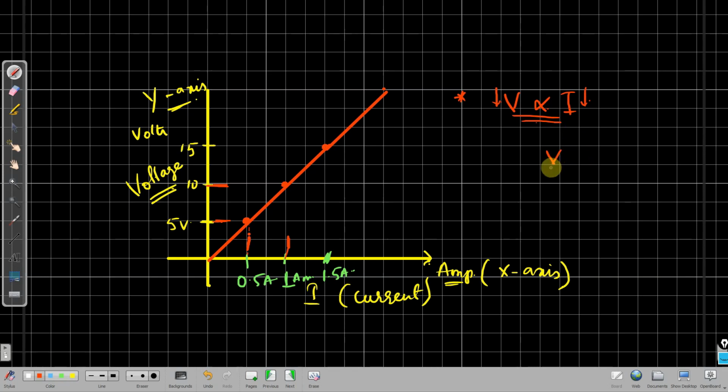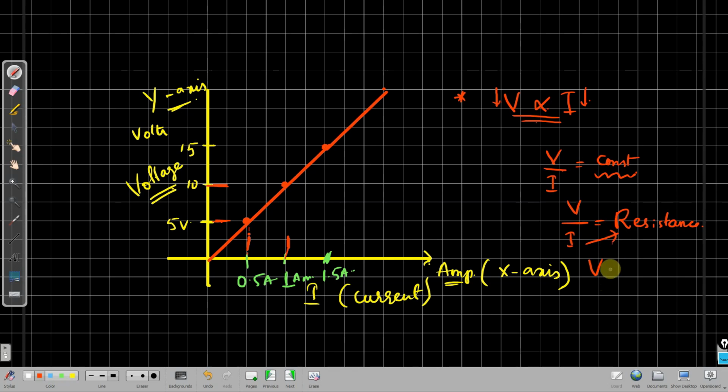And Ohm's law says that if you divide V by I, you would get a constant value, right? He explained that V by I is nothing but the resistance of the material, which he denotes by the letter R, right? That means we got a relation that V by I is equal to R.